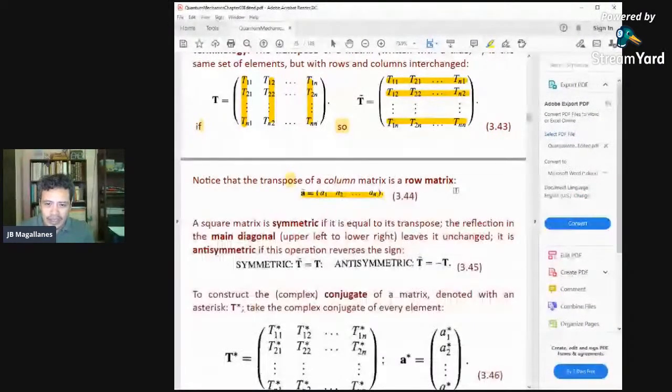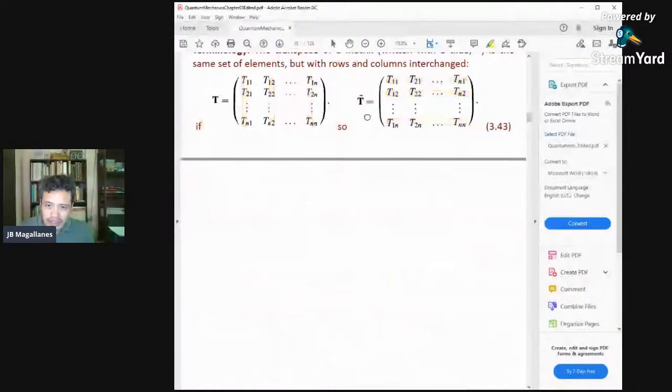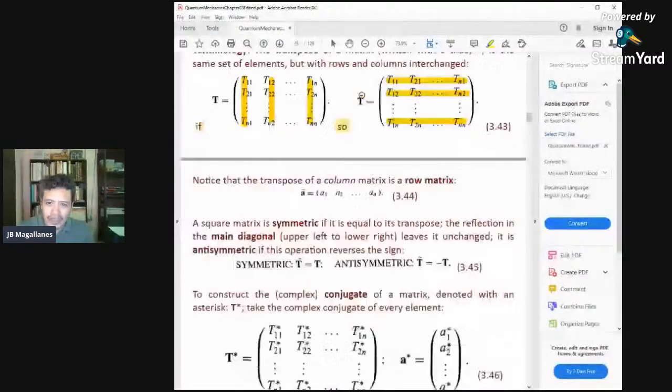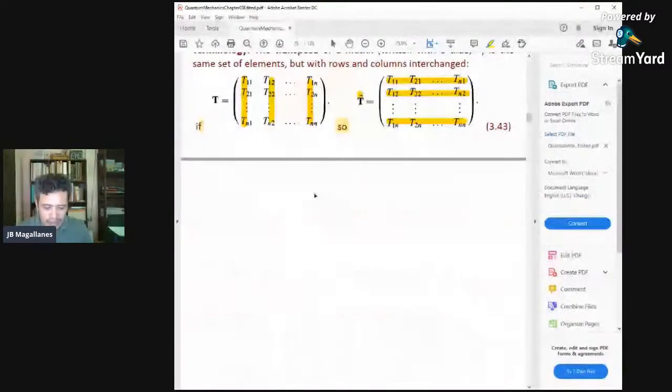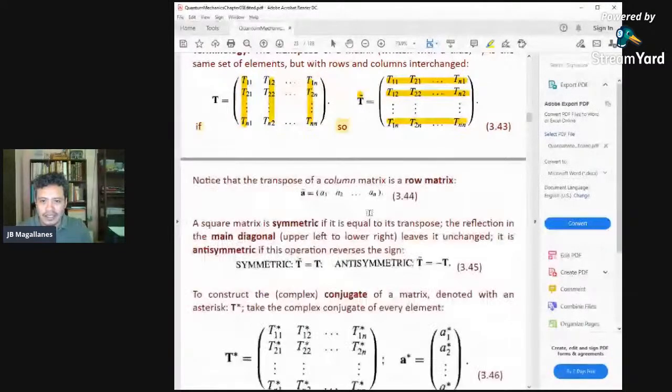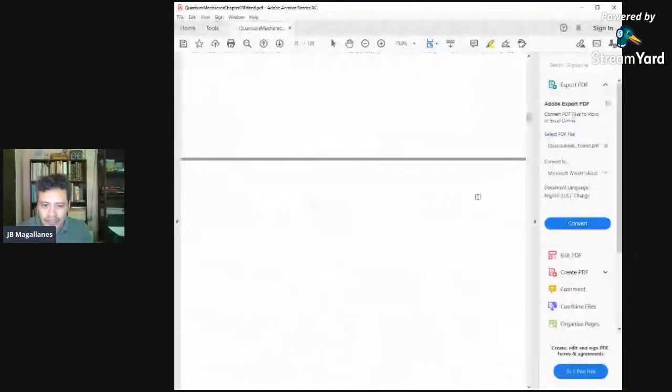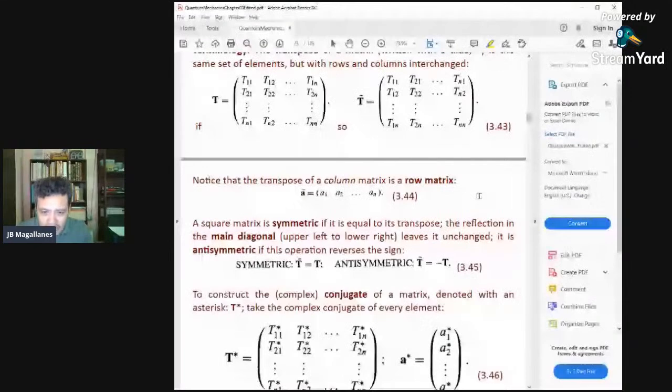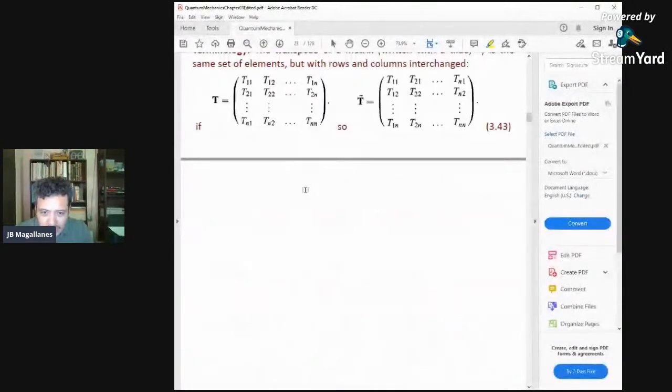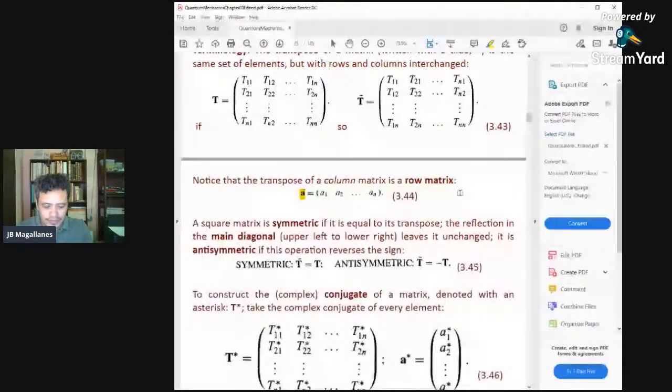Notice that the transpose has a tilde on the top of the letter, like this one. It has a tilde at the top.